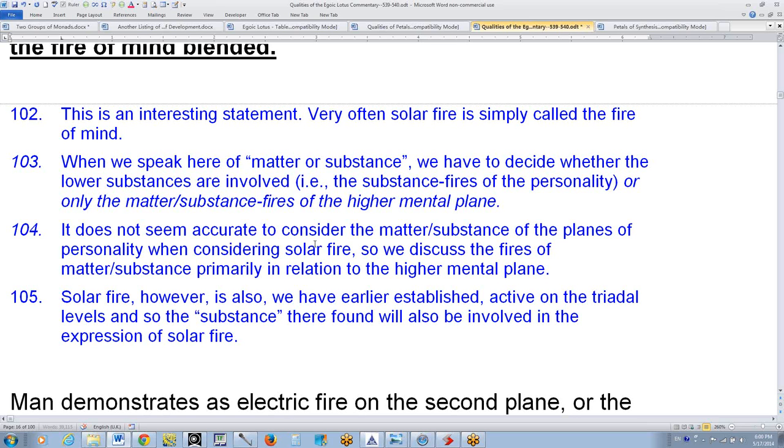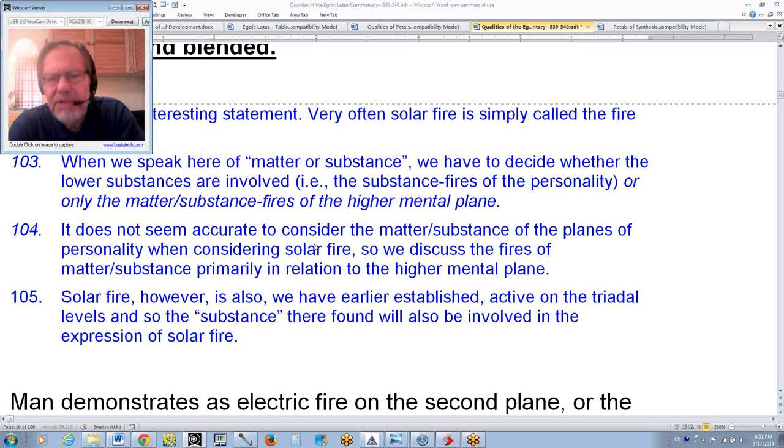It does not seem accurate to consider the matter-substance of the planes of the personality when considering solar fire. So we don't even consider solar fire for the lower 18 subplanes, except as to the manner in which solar fire affects the fire by friction of the lower 18 subplanes. So we discuss the fires of matter-substance primarily here, I think, in relation to the higher mental plane. Solar fire, however, is also, as we have earlier established, active on the triadal levels, and so the substance there will also be involved.